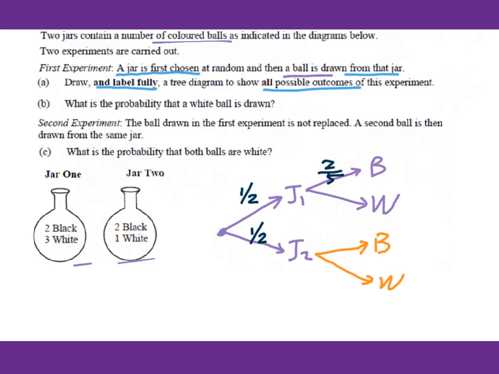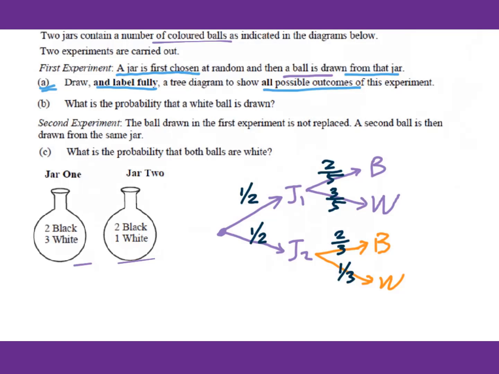We can use the property of a tree diagram. 1 minus 2 over 5 would be 3 over 5. Look at drawer 2. Altogether 3 balls. So we have 2 over 3 and 1 over 3. That's it for A.